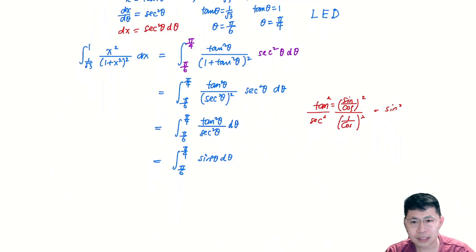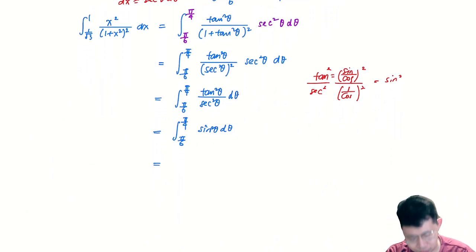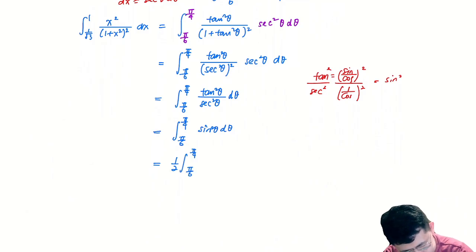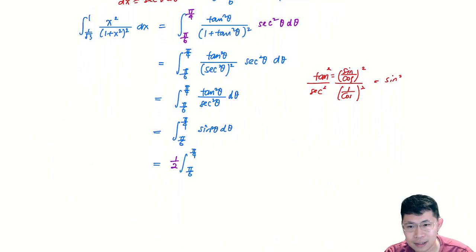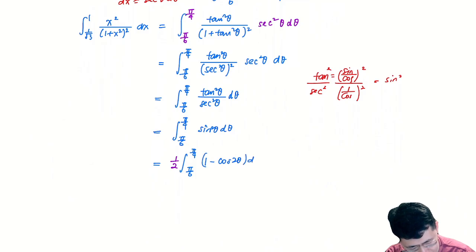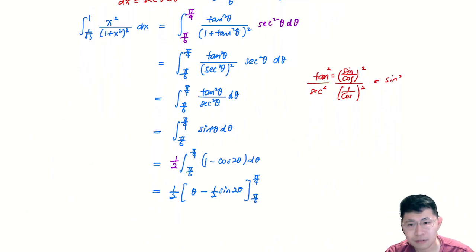Now afterwards, what do we do next? Because this is a square, we'll do the double angle formula to convert. So this one over here, we convert to, I have a half out here, and then when we convert, it will be converted to 1 minus cos 2 theta d theta. And then after that, I have a half on the outside of theta minus half of sine 2 theta, from pi over 6 to pi over 4.